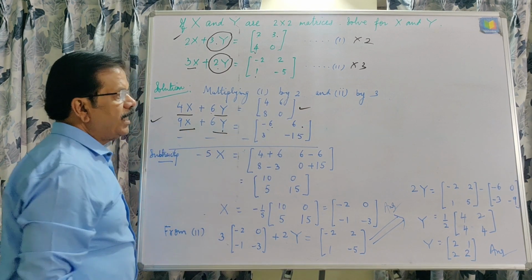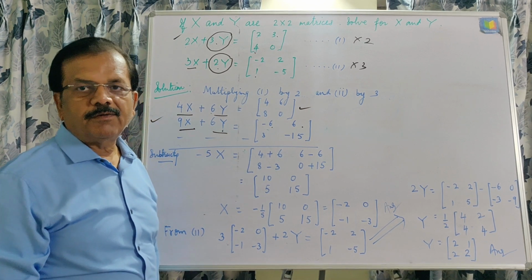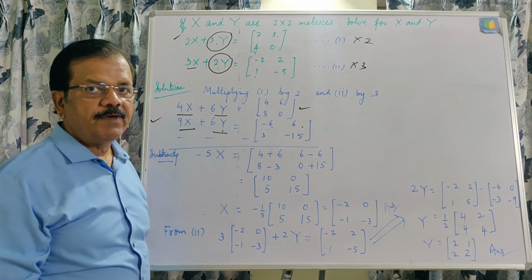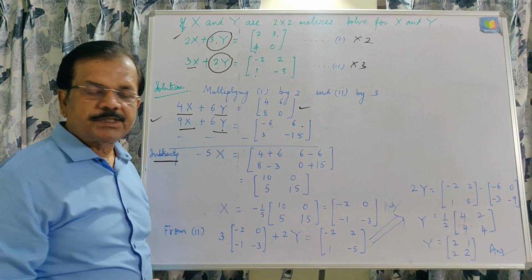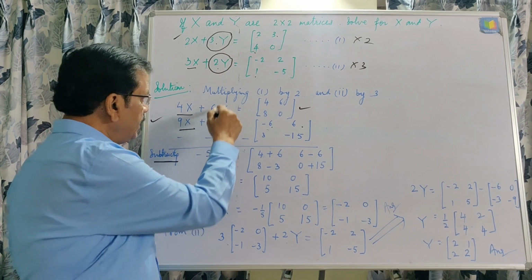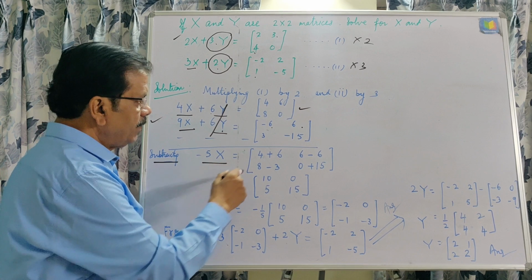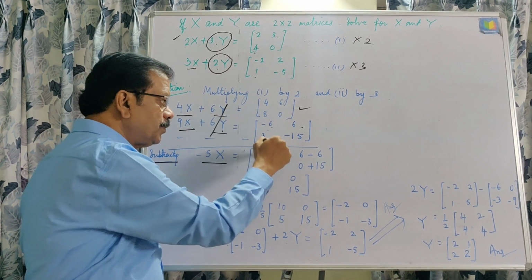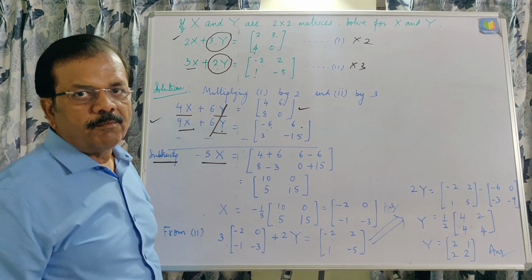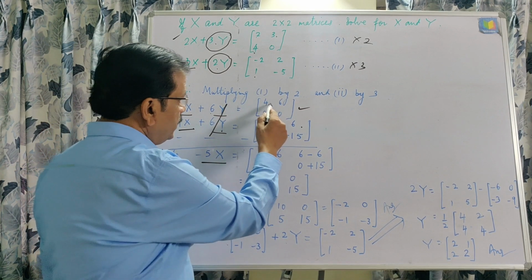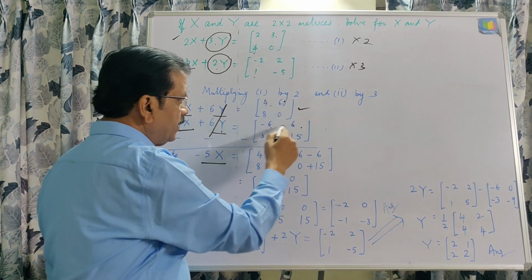Now we can apply simply as we were applying simultaneous linear equations for getting the value of any variable, just subtracting. Once we subtract two equations, the sign will be changed. After changing the sign, this Y will be cancelled. We are getting the value of X, but this should be operated as we are using the matrix form. That is, this subtracted from this, corresponding elements will be subtracted.